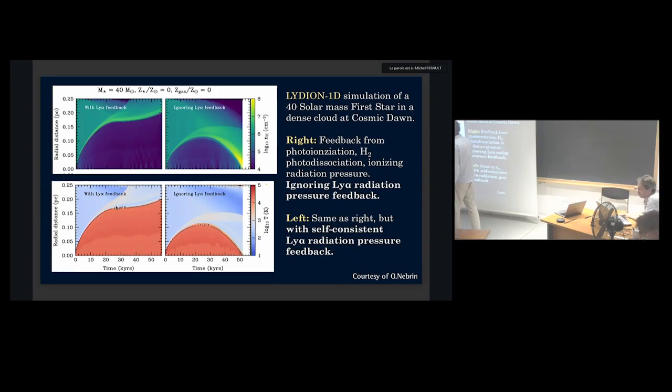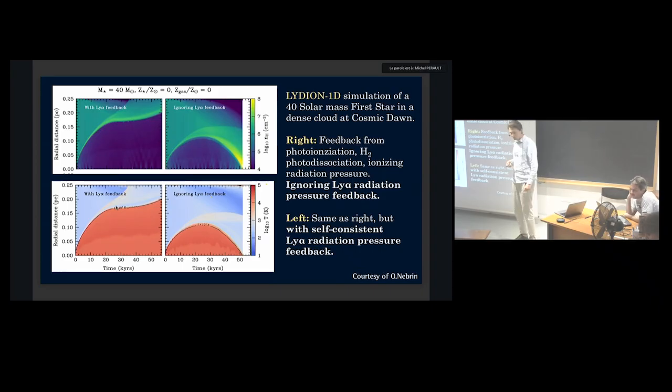But instead, if we consider Lyman-alpha feedback, you can see that the HII region doesn't recollapse and breaks out. And here is the same, but for temperature. This is, of course, a very simple test case, but I think it's very interesting because it can really have an impact on POP3 properties in general.